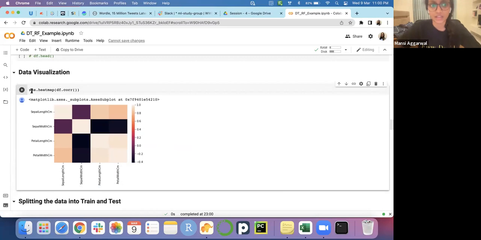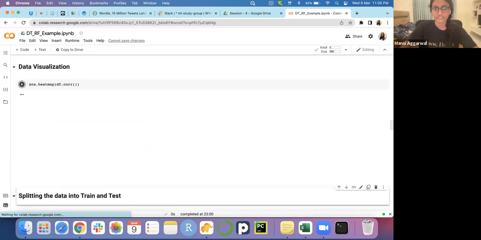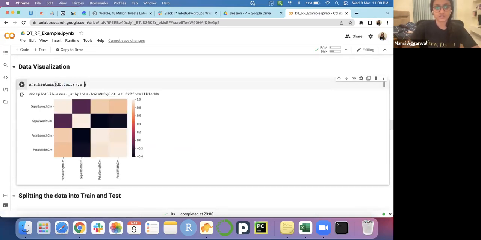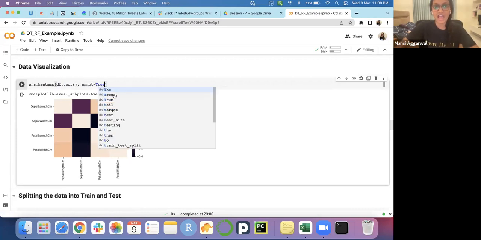sns is the Seaborn library, heatmap is the function that we're using, and df.corr is the method that gives me the correlation of this data set. Every feature with every feature. A small thing that you can do here, adding annot. Annot means annotation.